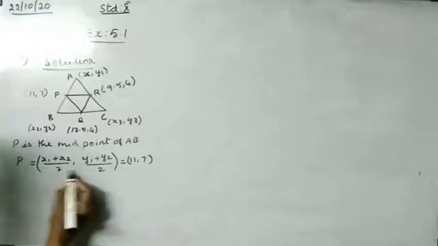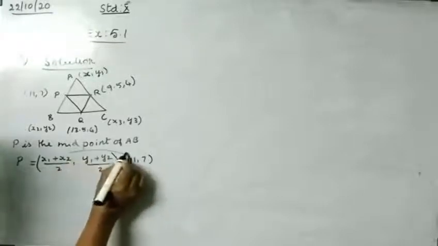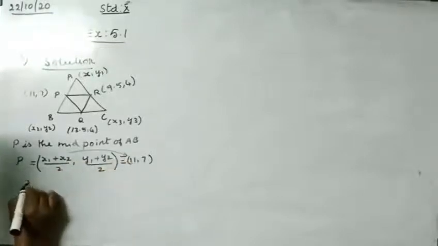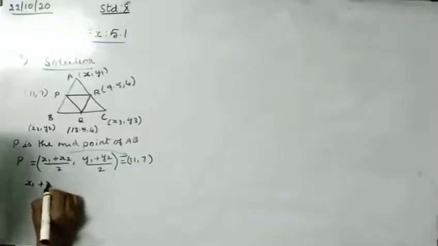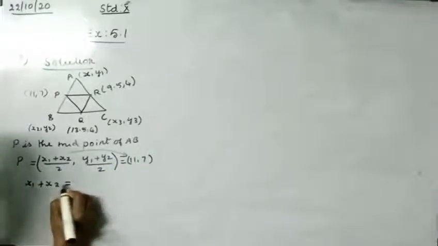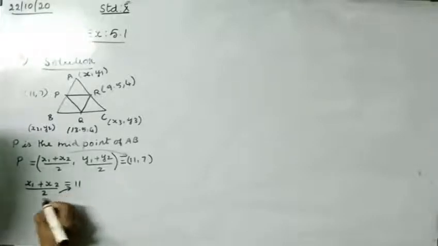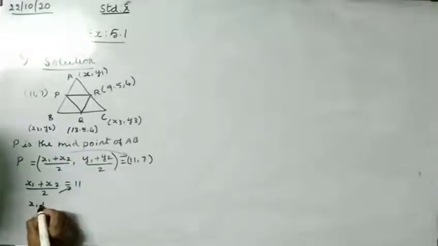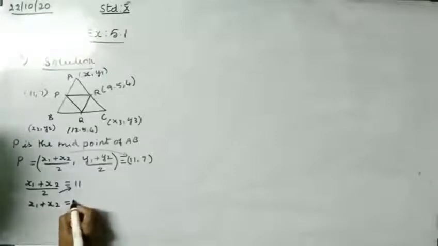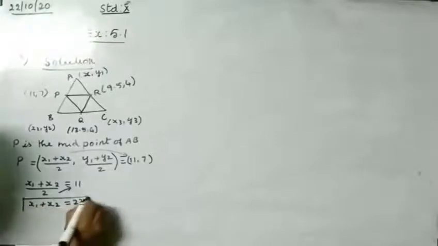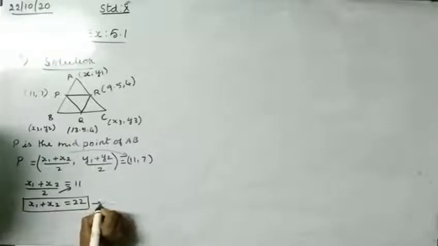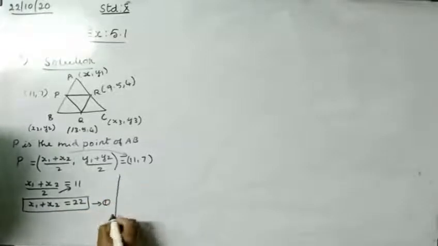Now equating the coordinates, x coordinate to x coordinate, that is first number to first number. So x1 plus x2 divided by 2 is equal to 11. Now cross multiply, we are getting x1 plus x2 is equal to 22. So this is equation number 1.